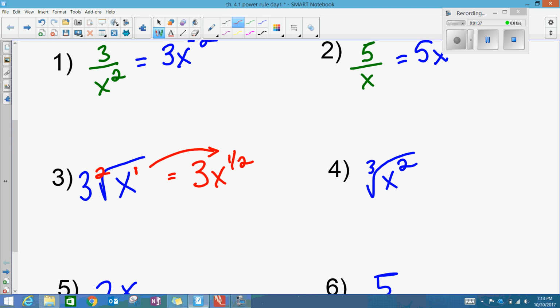Applying those same rules, cube root of x squared becomes x to the 2/3. Again, the power goes to the top, the index goes to the bottom.